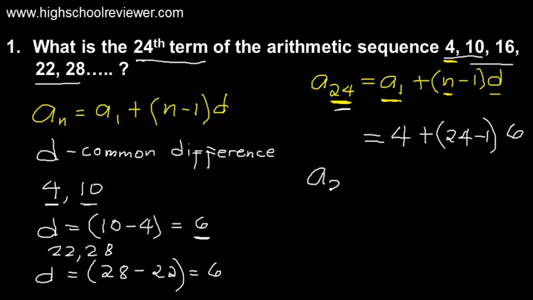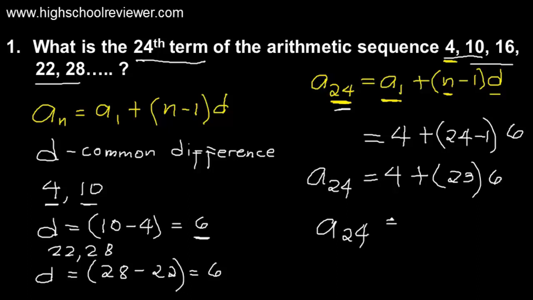So a sub 24, our 24th term, will be equal to 4 plus 24 minus 1, that is 23, multiplied by positive 6. So a sub 24 will be equal to 4 plus 23 multiplied by 6, that is positive 138.